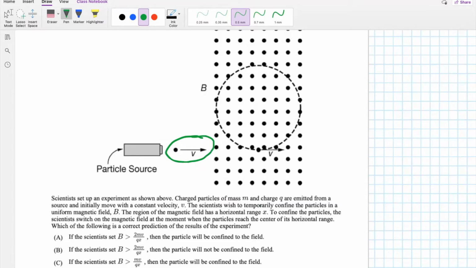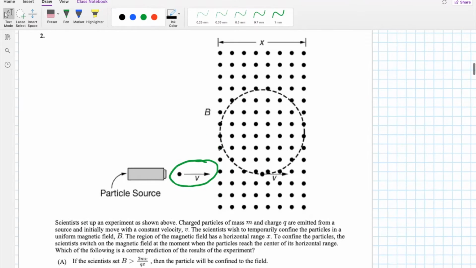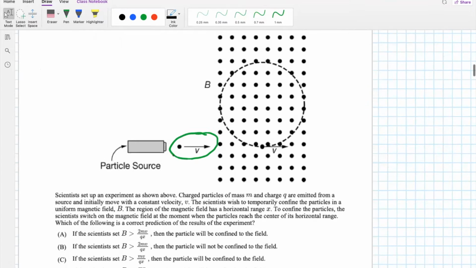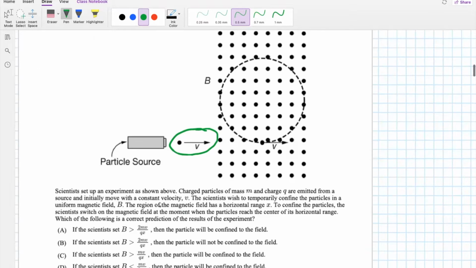The scientists wish to temporarily confine the particles in a uniform magnetic field of magnitude B. The region of the magnetic field has a horizontal range x, as shown here in this portion of the figure. To confine the particles, the scientists switch on the magnetic field at the moment when the particles reach the center of the horizontal page.